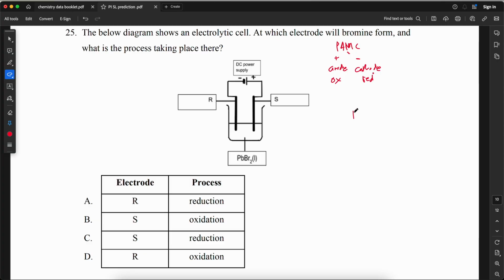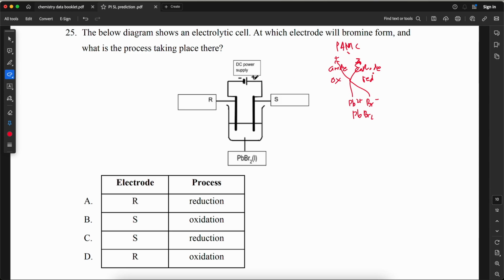Now we've got PbBr2. So there is Pb2 plus and Br minus. Pb2 plus will go to the cathode because it's the negative electrode. So the cation will be attracted to the negative electrode, and Br minus to the positive electrode.